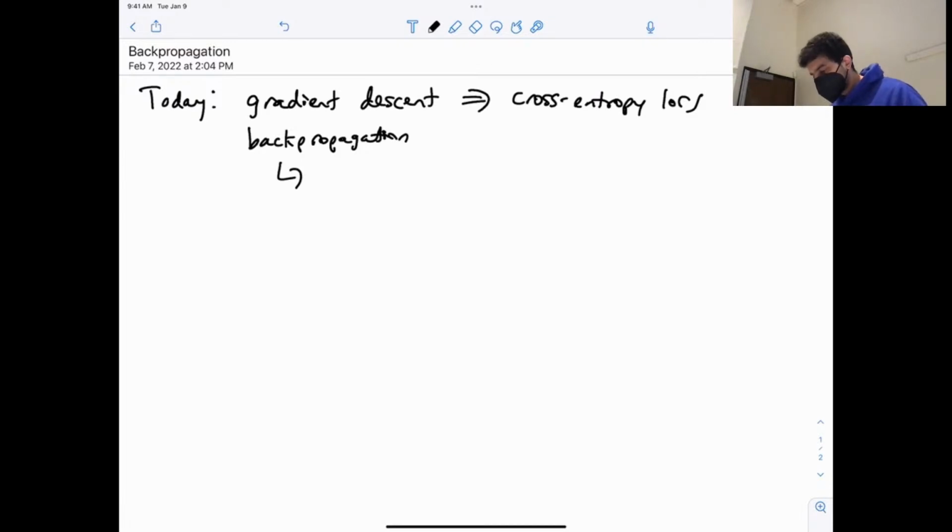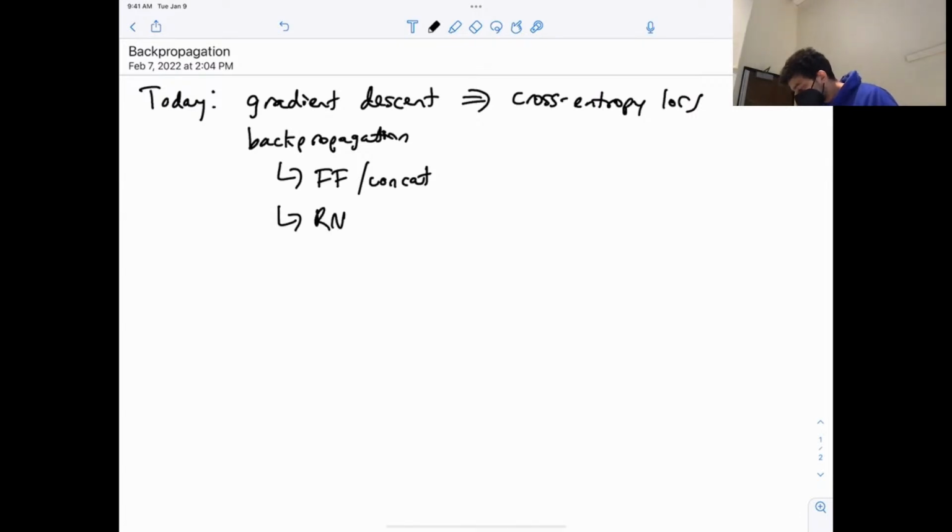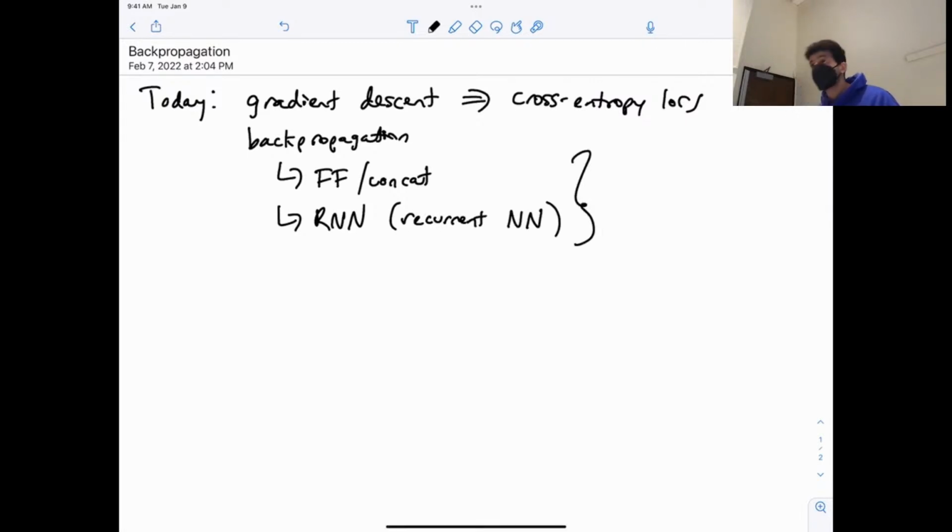And when we talk about backpropagation, we will also talk about it within the context of our concatenation and then feed-forward language model. And if we have time at the end, we will also talk about it in context of a recurrent neural network. So in both of these examples for this class, we'll be looking at just single neuron examples. So we won't be looking at matrix vector gradient derivations here, but if you're curious about those, there's a link in the lecture schedule to a previous video where we talked about these things.